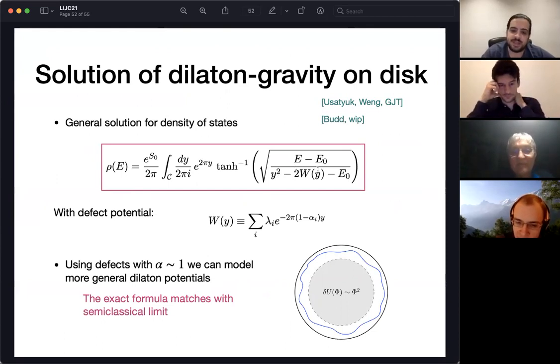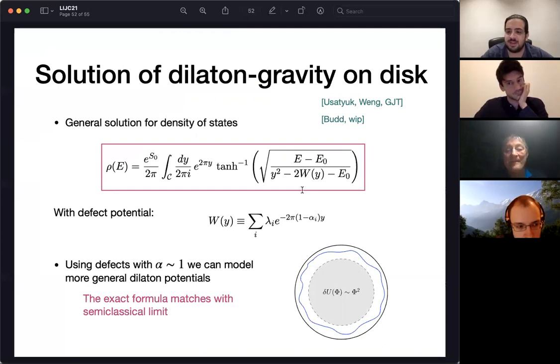This y squared minus W is the pre-potential. And then if you want to do flat space and you put a quadratic dilaton potential, then the pre-potential is cubic, here the y cubed. Yeah, I see. And then you have these funny branch cuts.